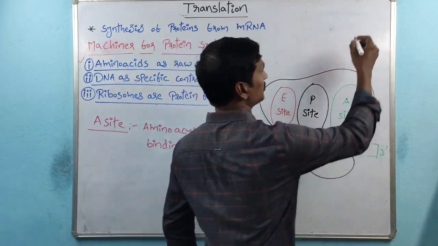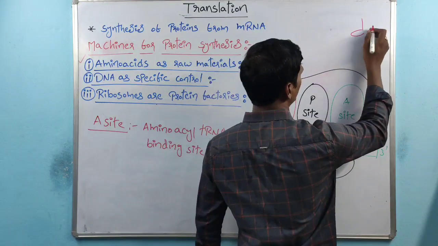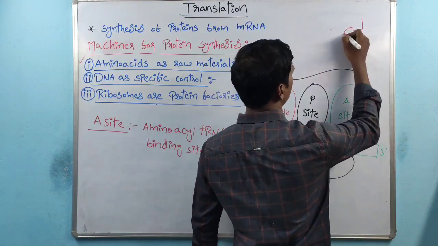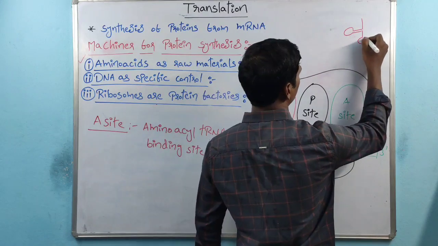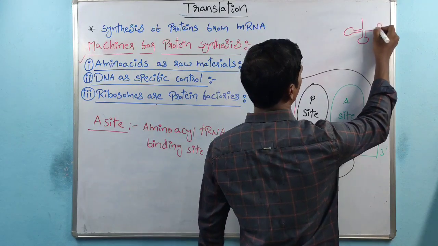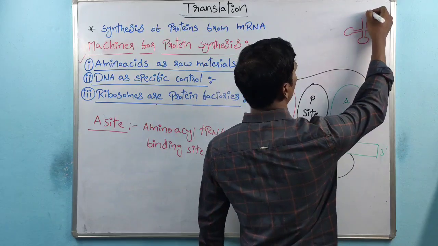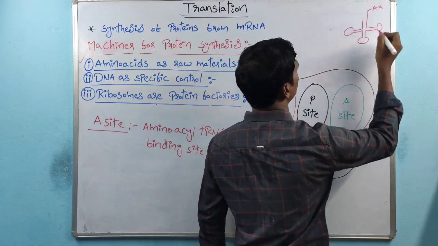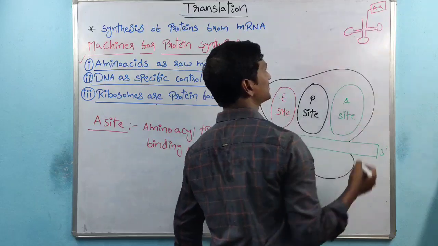The tRNA has a clover leaf structure with different loops. This is the amino acid acceptor arm.